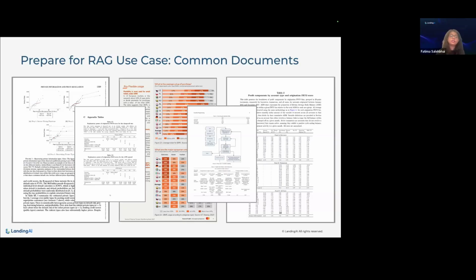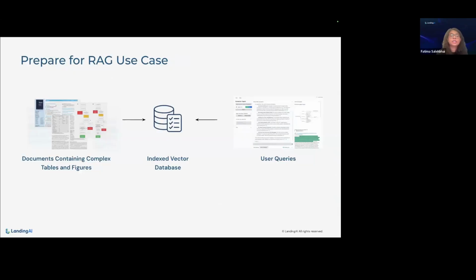So these are more unstructured documents that have a very variable layout and have figures, tables, etc. For example, you have reports or flowcharts related to one category or one topic, which you parse with us and then send to an indexed vector database where it is stored. And based on any user queries in the chatbot or any other forms of serving the users, you answer based on the documents from that vector DB.